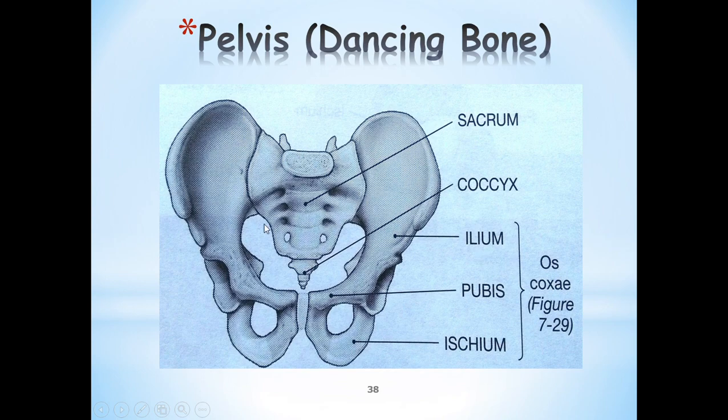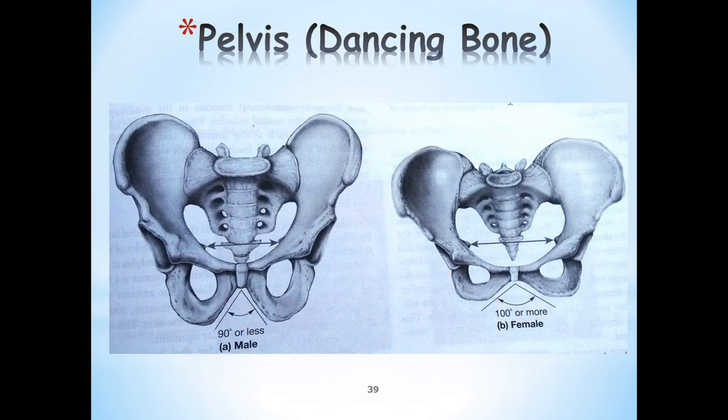So, what's the difference between the pelvis of the female and the male? In terms of shape, okay? For female, their pelvis is generally smoother, lighter, and it has less prominent markings.